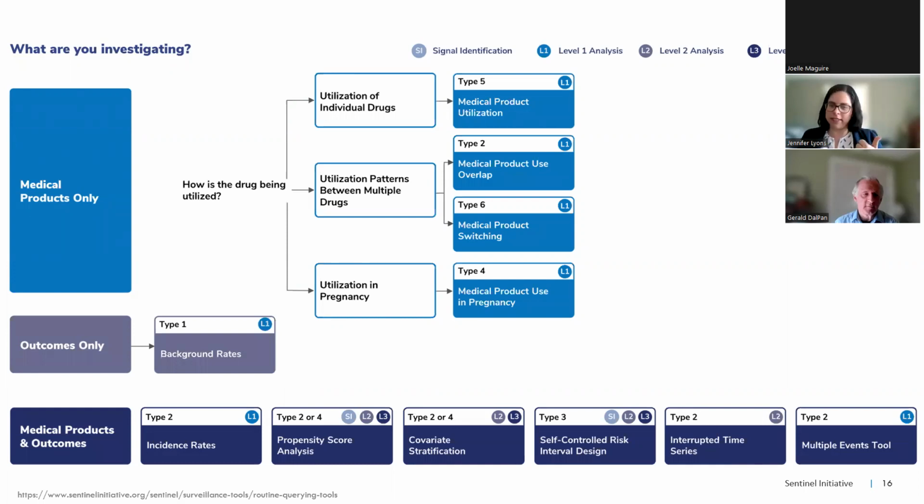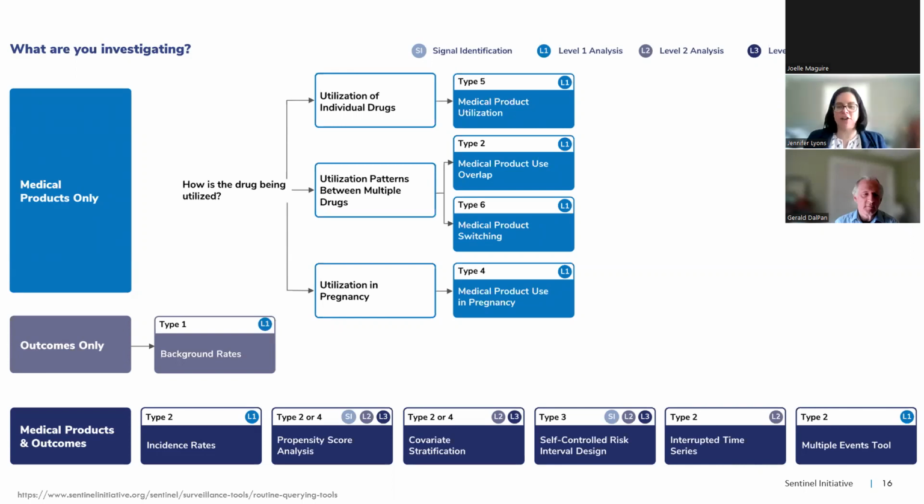So are you interested in just medical products themselves? Are you interested in outcomes? Are you interested in outcomes after exposure to a particular medical product? And answering that question will help identify both which level of analysis you're doing and which type of tool is applicable.